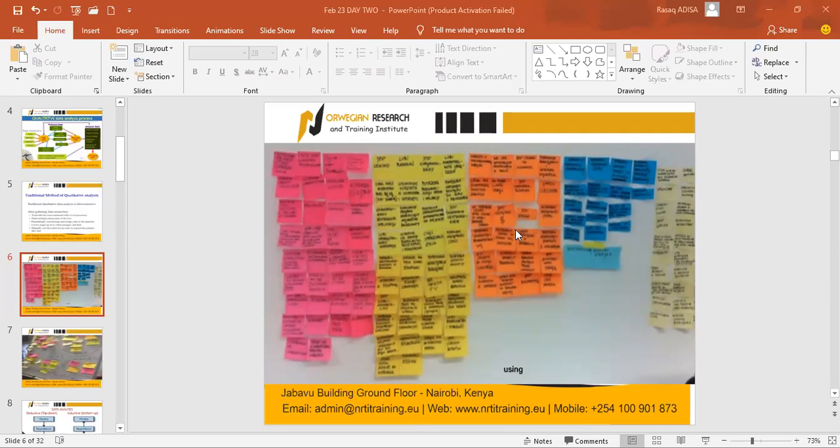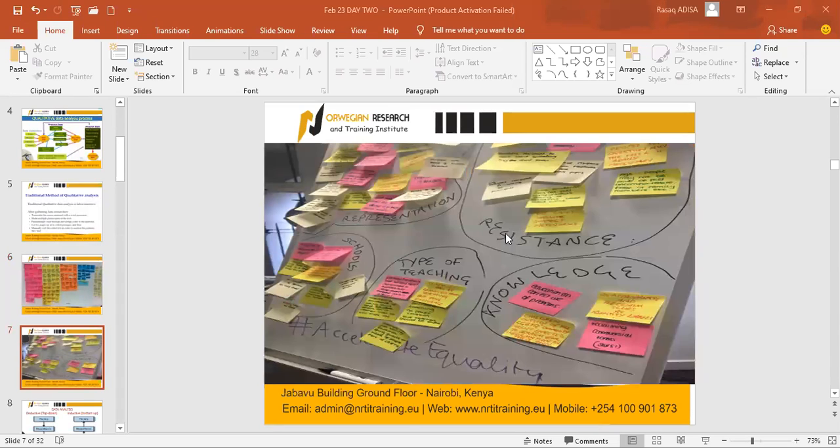In some cases, it may be a theme that we're going to use to differentiate them, because each answer will be grouped under a theme. So this is another example quickly of the traditional way of doing the coding in the analysis of qualitative data. You can see this researcher simply marks out areas on the board and identifies the theme of each area, then gums the answers to a particular designated area.